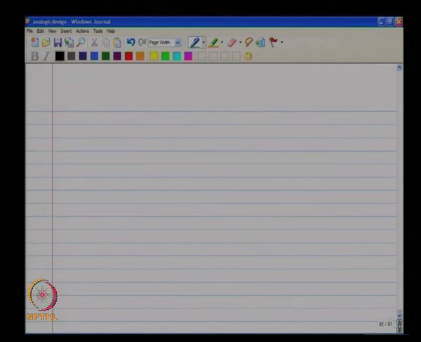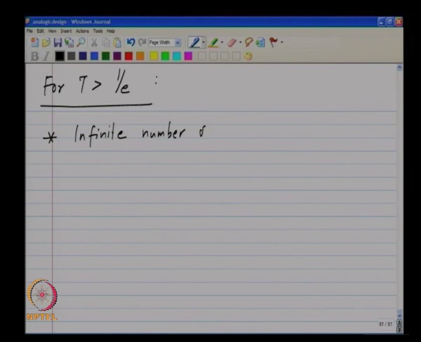To summarize, for tau greater than 1 by E, for which we could not find the points of intersection from the earlier method, we had to admit a complex solution sigma prime plus j omega prime. First of all, there are an infinite number of solutions.